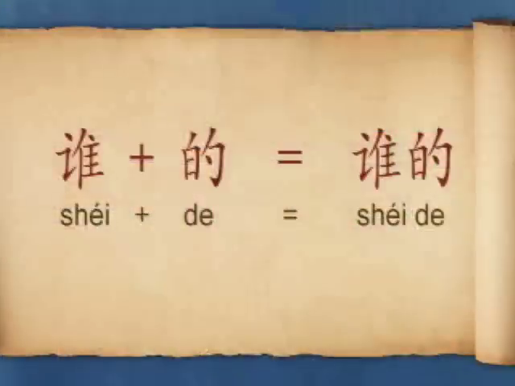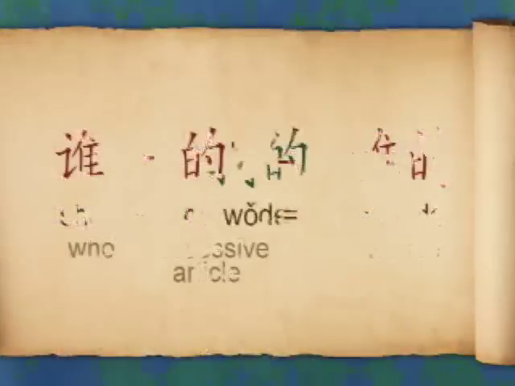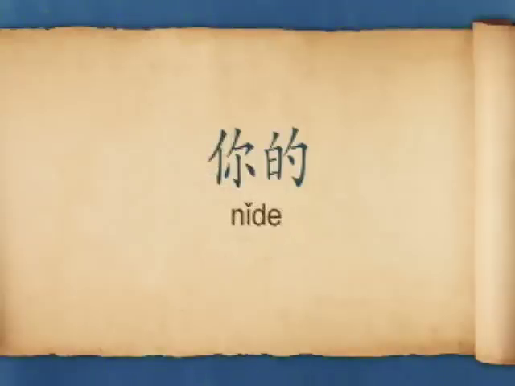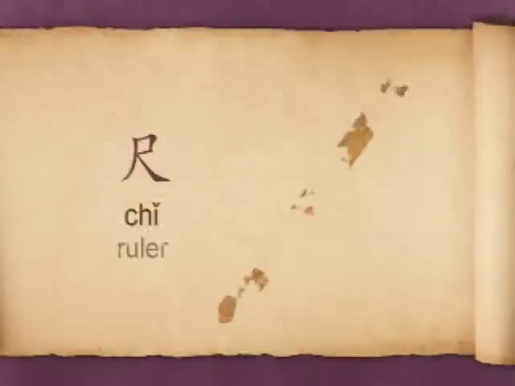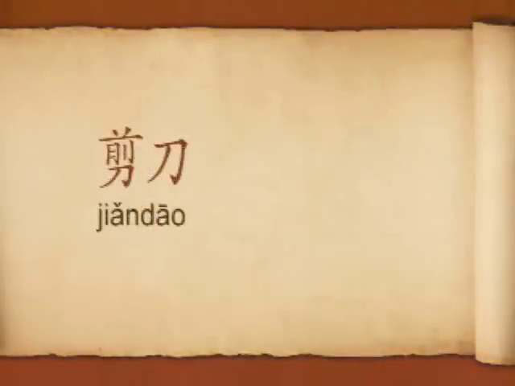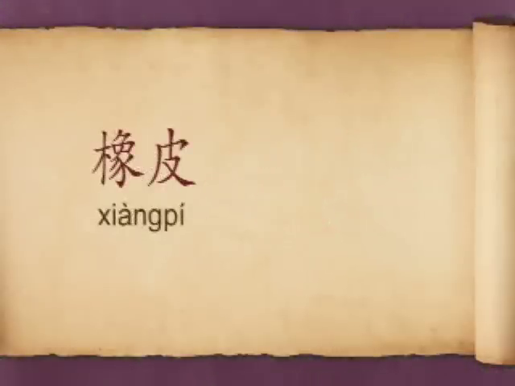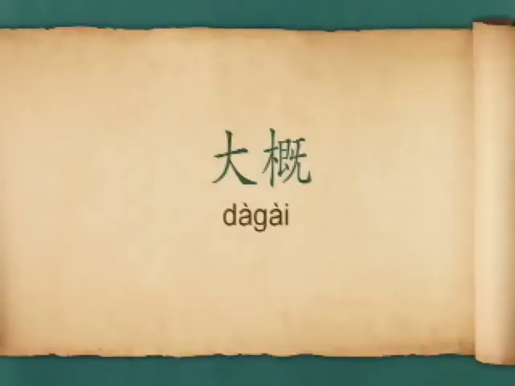The vocabulary list for this lesson included the possessive pronouns. 谁的, whose, 我的, my or mine, and 你的, your or yours. It also included the school objects. 尺, ruler, 剪刀, scissors, 纸, paper, 橡皮, eraser, and the new word 大概, an adverb that means probably.